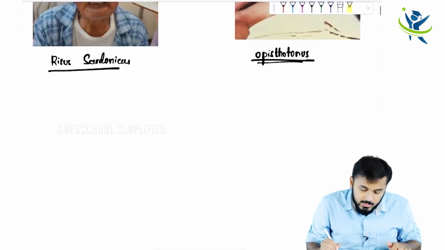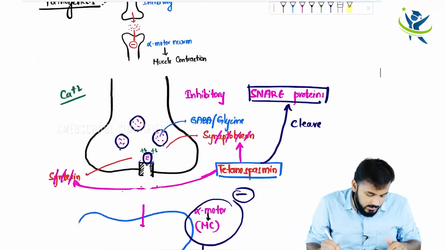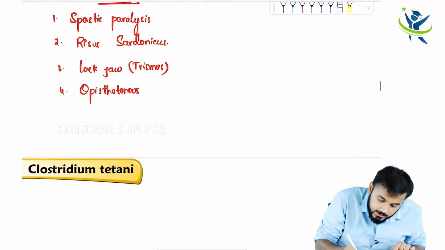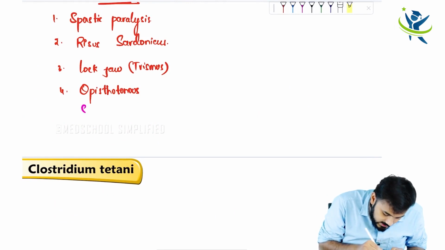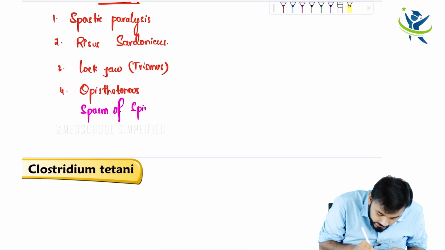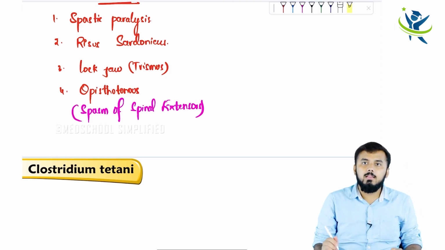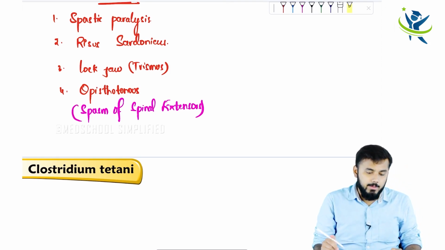So what do you see in case of opisthotonus? Spasm of spinal extensors. Okay, right.